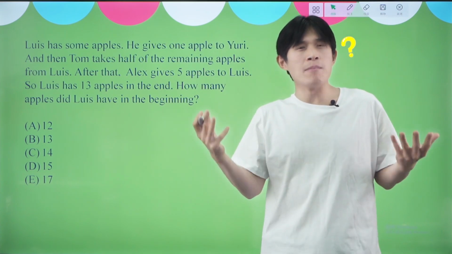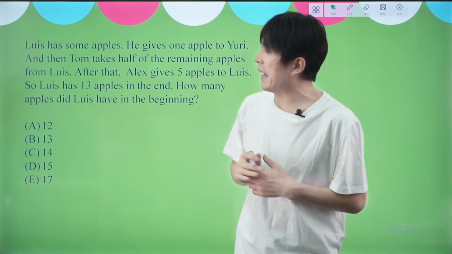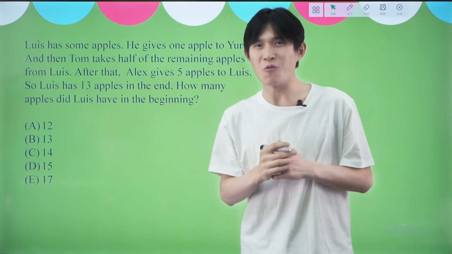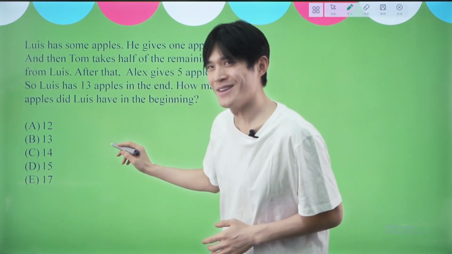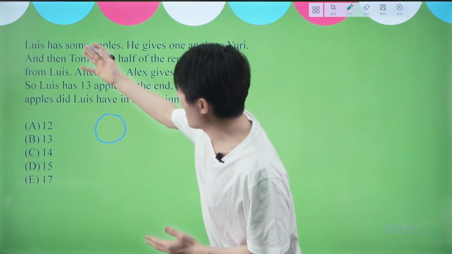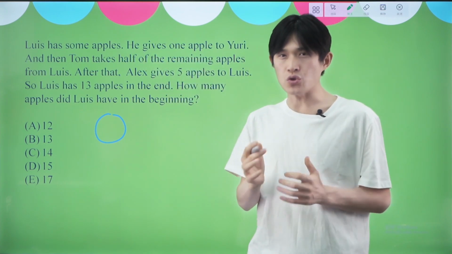So what is the original number of apples Louis got? So we can use the model of working backwards. We can use maybe a circle to represent the original apples Louis got. And he gives one apple to Yuri.